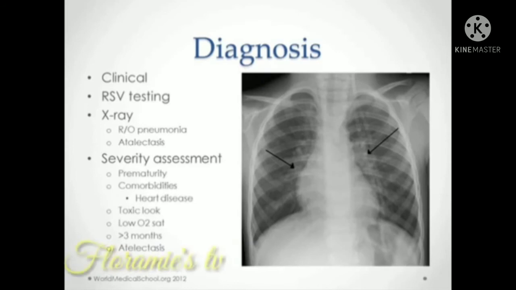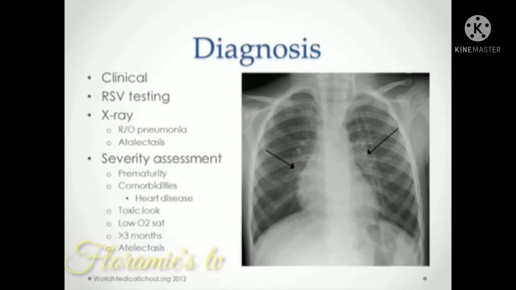X-rays are generally just used to rule out pneumonia. But once we get our X-ray, we might notice that we have atelectasis, and that will help us to determine how severe this bronchiolitis is. Severity is going to be a big factor in how we treat it.